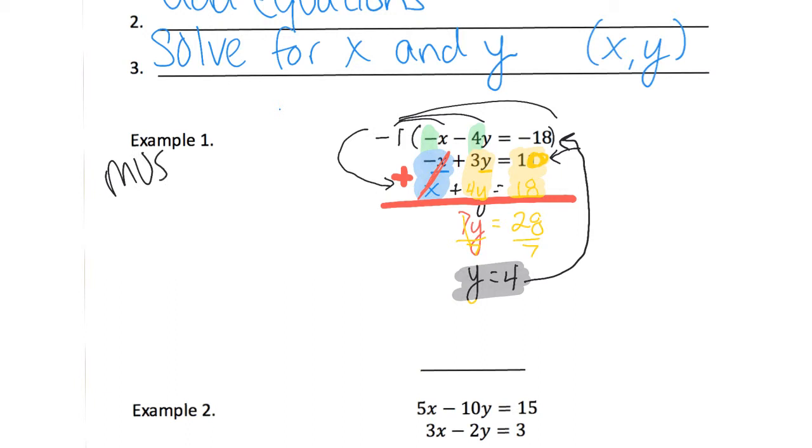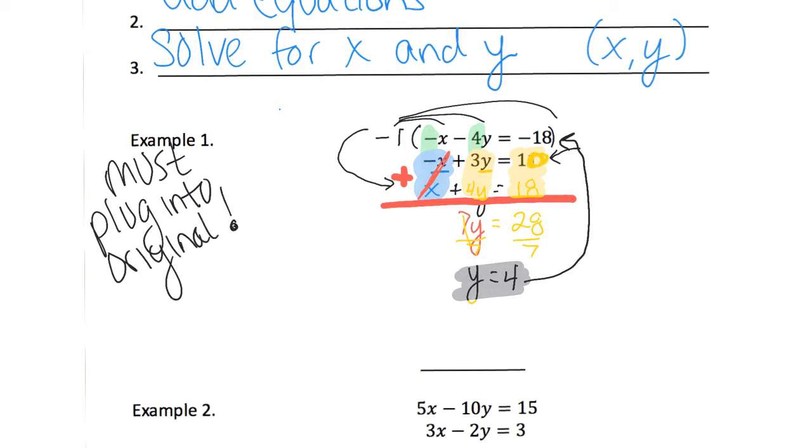Must plug into an original. Okay, that's really important. We have to plug it into an original. No ifs, ands, or buts about that. That is key. You need to remember that.